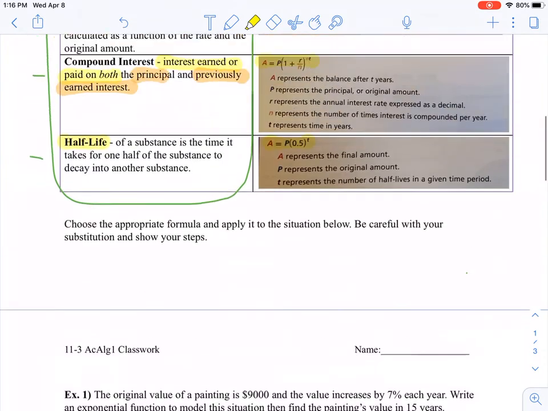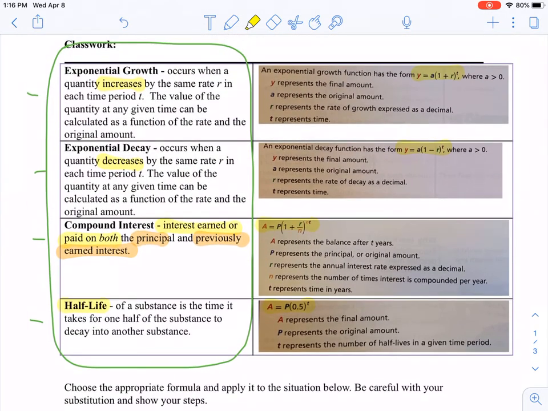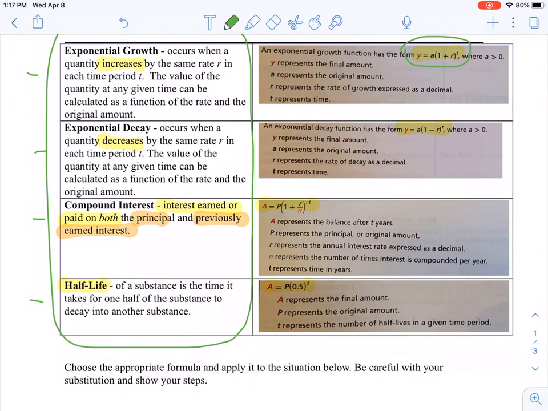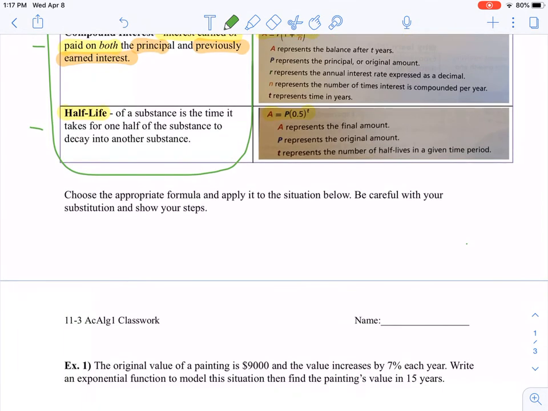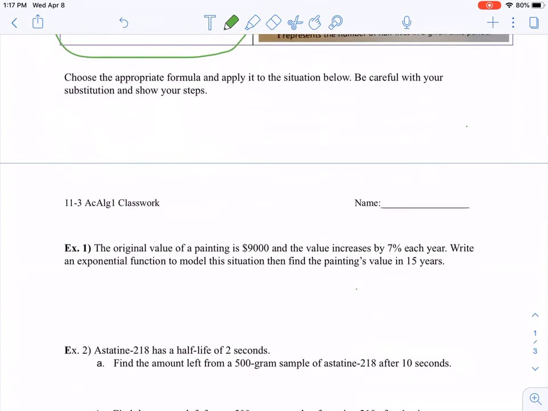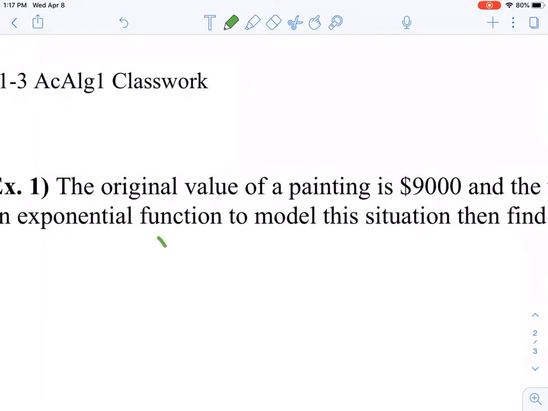So moving up here, we remember that exponential growth is a times 1 plus r raised to the t power. So I'm just going to rewrite that here. y equals a times 1 plus r raised to the t power.